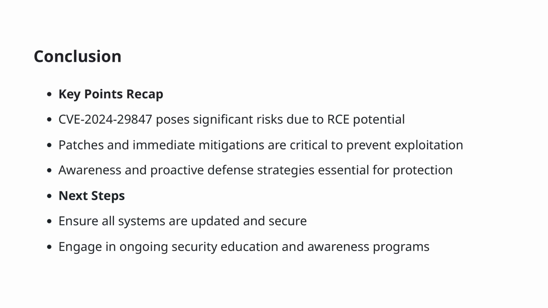Building awareness and maintaining proactive defense strategies are essential components of safeguarding against such threats. As we look ahead, it's important to ensure that all systems are kept updated and secure. Additionally, engaging in ongoing security education and awareness programs will further bolster your defense capabilities.